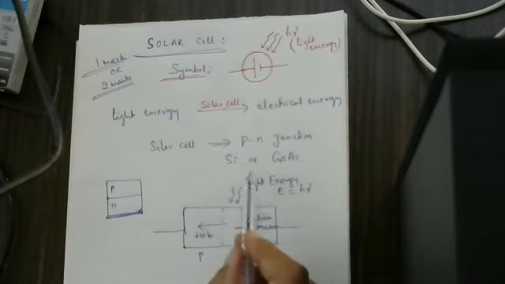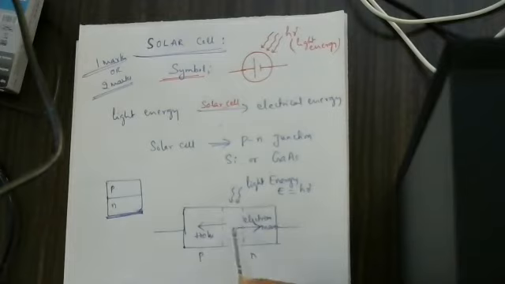Again, I can repeat: as the light energy is incident at the PN junction, covalent bonds break, and more and more electron hole pairs are generated. Electrons are moving towards the N variety, holes are moving towards the P variety.